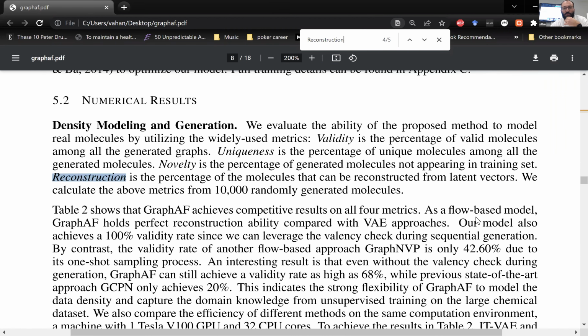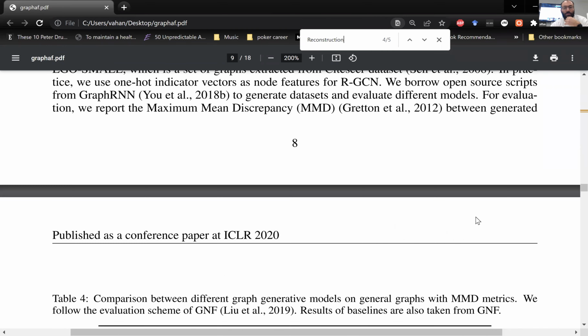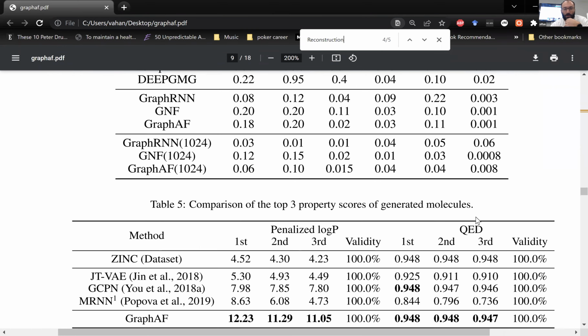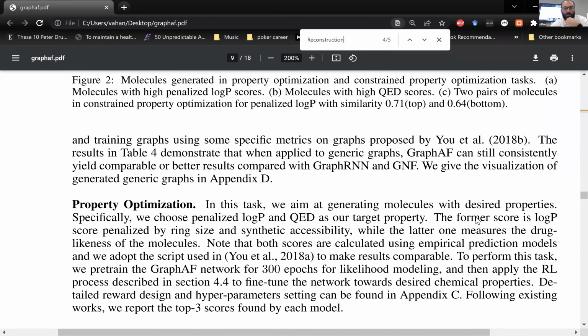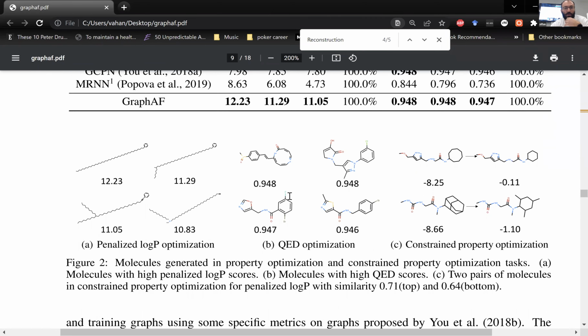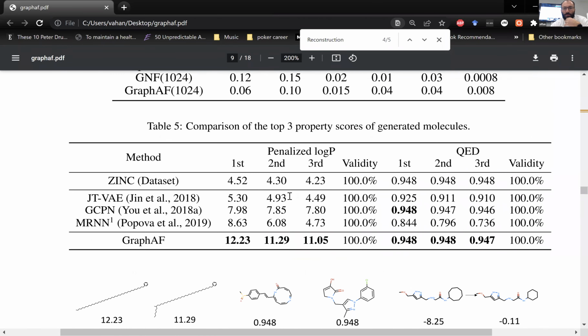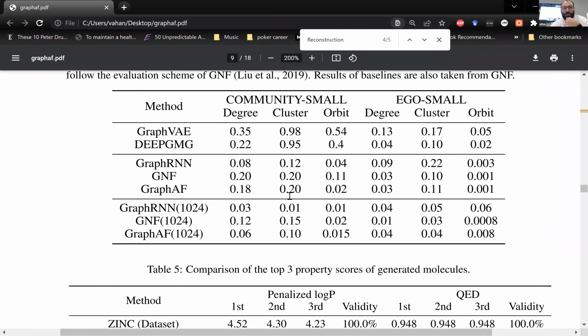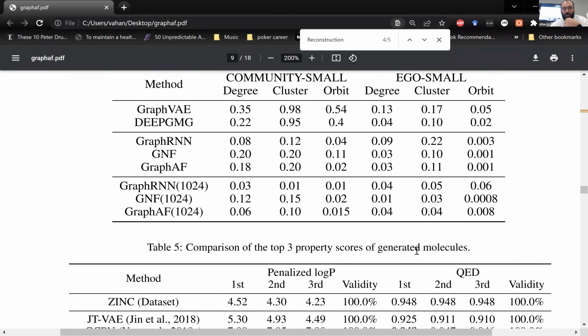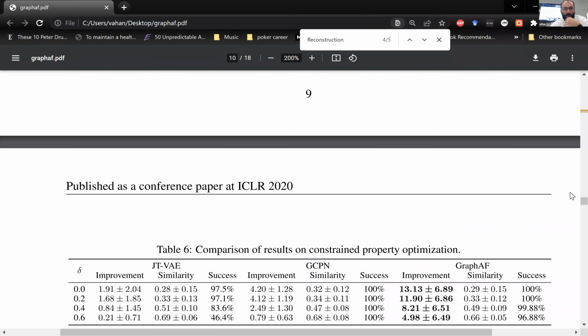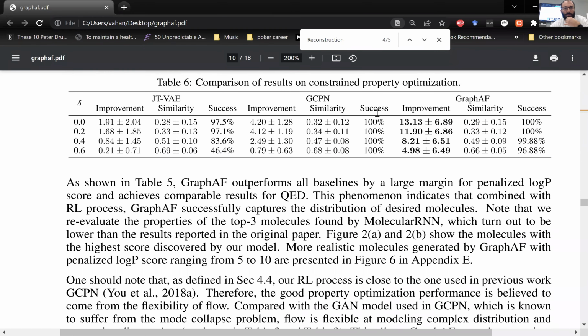Right, and at the end, I just want to add that they also did experiments on non-molecular data at the very end, just to show that it still works. This is the experiment which they did. Oh no, this is the experiments on generated molecules, but they also did experiments on other data. Community small and ego small. I think it's this one.